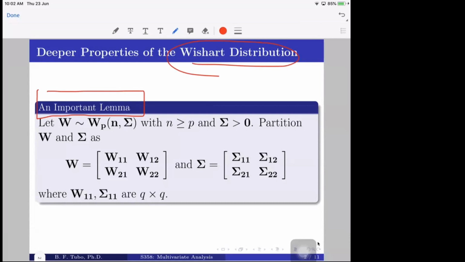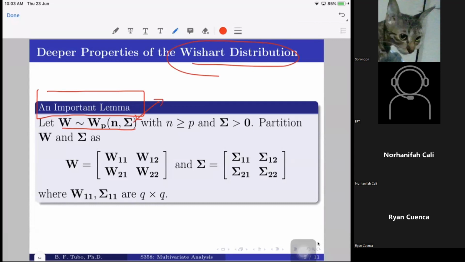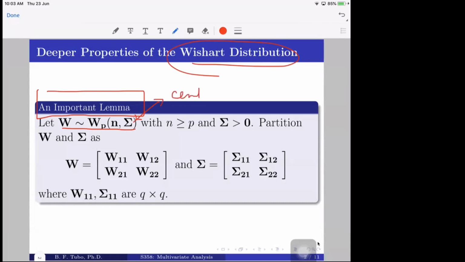So in this lemma, we assume that you have a random matrix which is Wishart. Delta is not stated here, so it means that this is a central Wishart distribution.